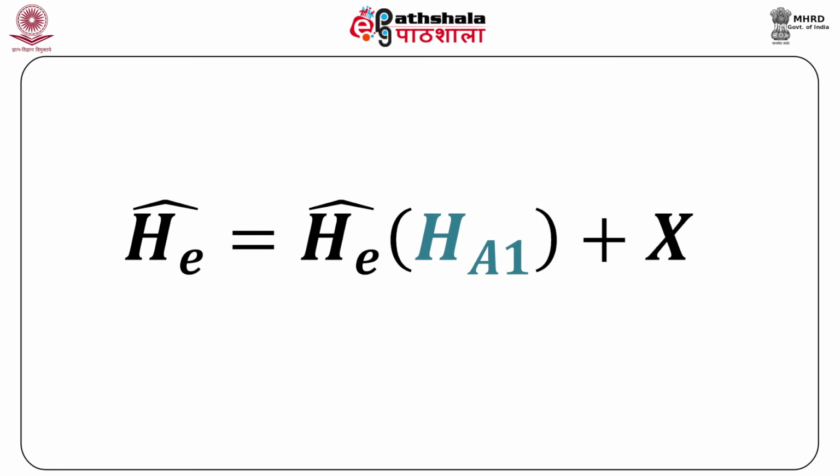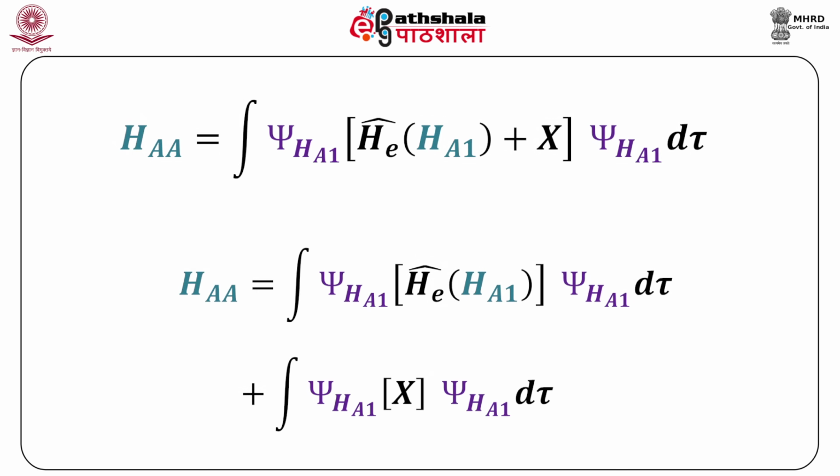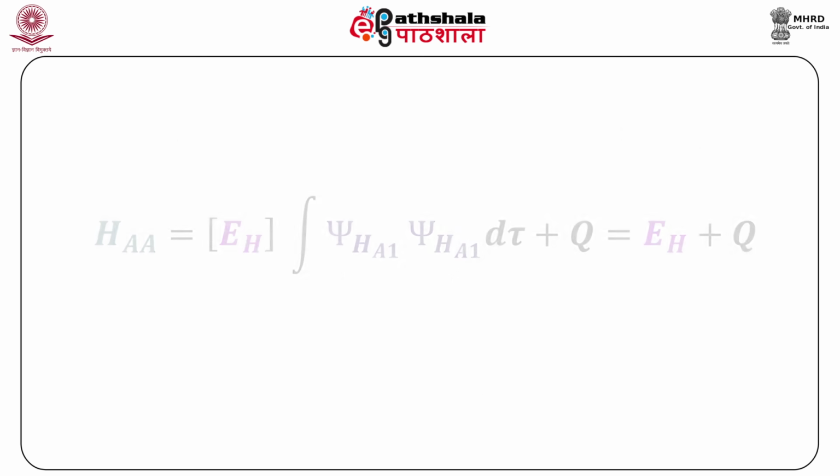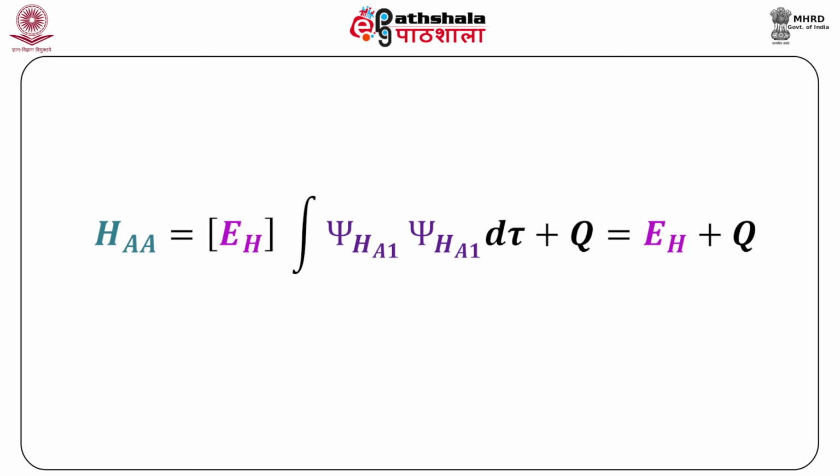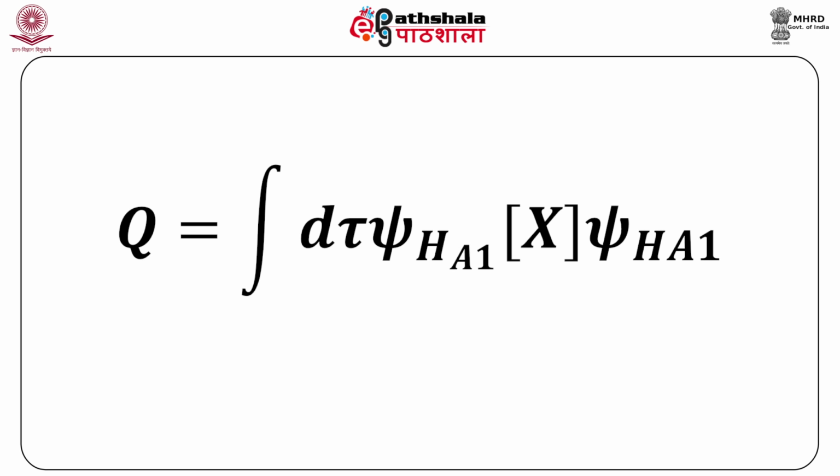If we substitute the expression for the electronic Hamiltonian in terms of x, and then expand and solve it, ultimately we get two terms: HAA is equal to EH, which comes from the integral d tau psi HA1 squared which is 1, plus Q. Q is an integral defined by the integral d tau psi HA1 x psi HA1.